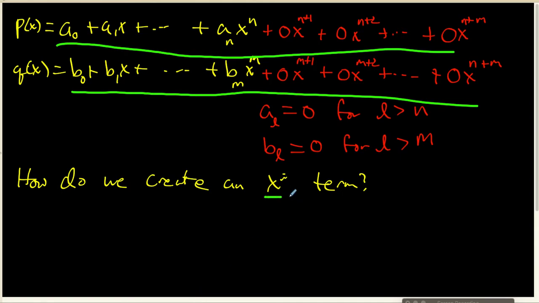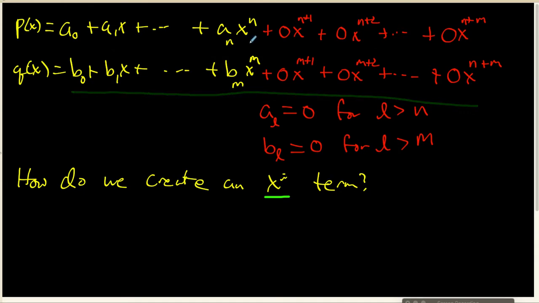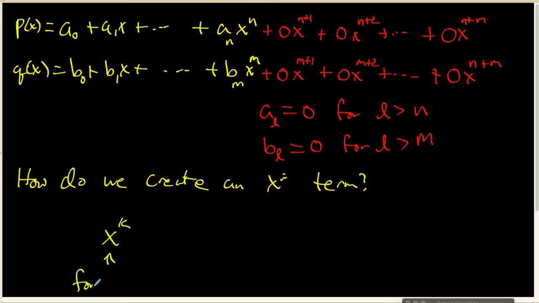And if I'm looking for an x to the i, the term that I pick up here, the term that I picked from the p one, has an x to something, so I'm going to think about that as an x to the k. So this is from my p polynomial.